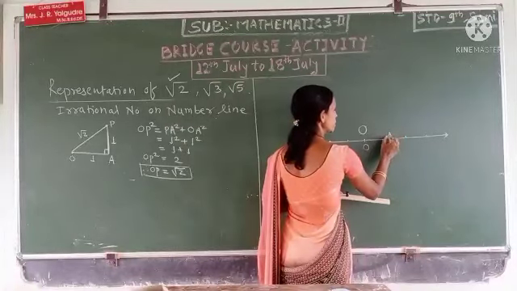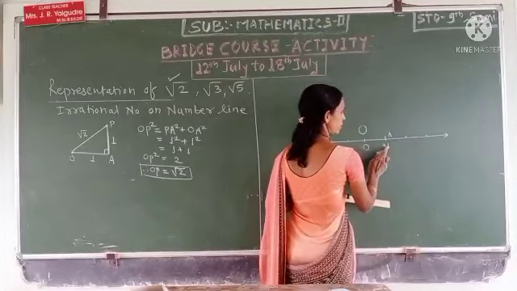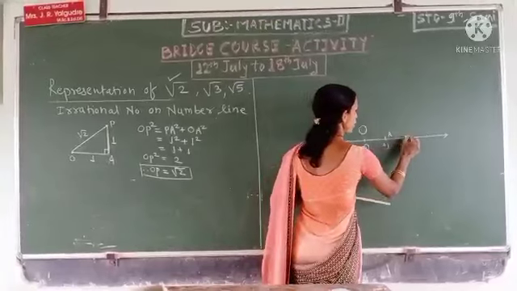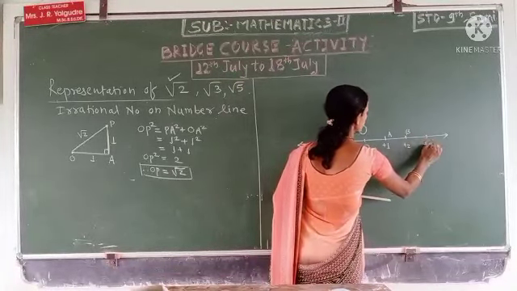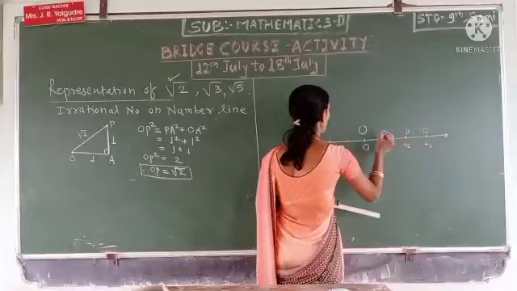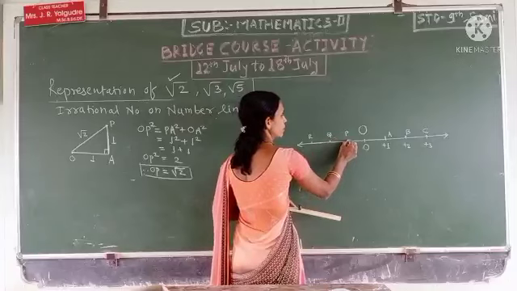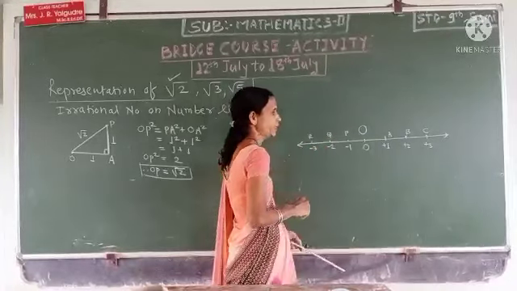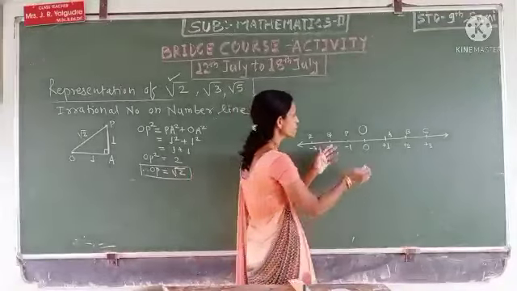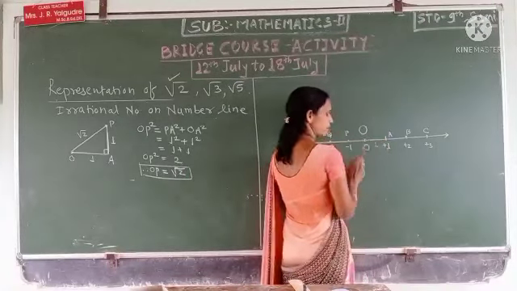Suppose A is a point to which plus 1 is related, B and so on to which plus 2, plus 3 are related. P, Q, R are the points to which minus 1, minus 2, minus 3 are related. Then the distance OA is 1.